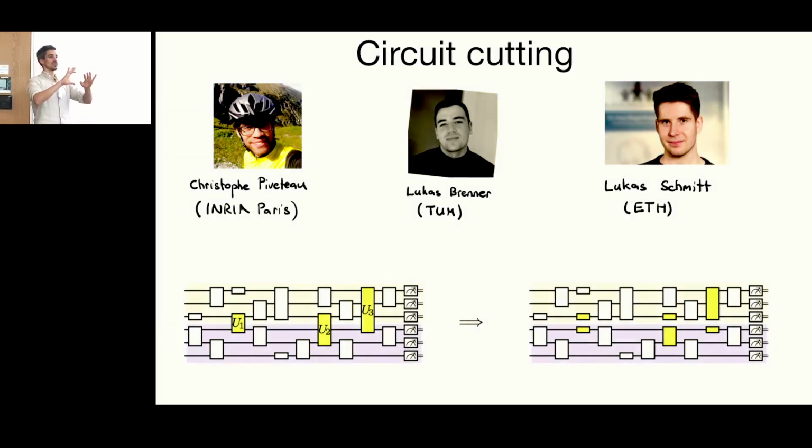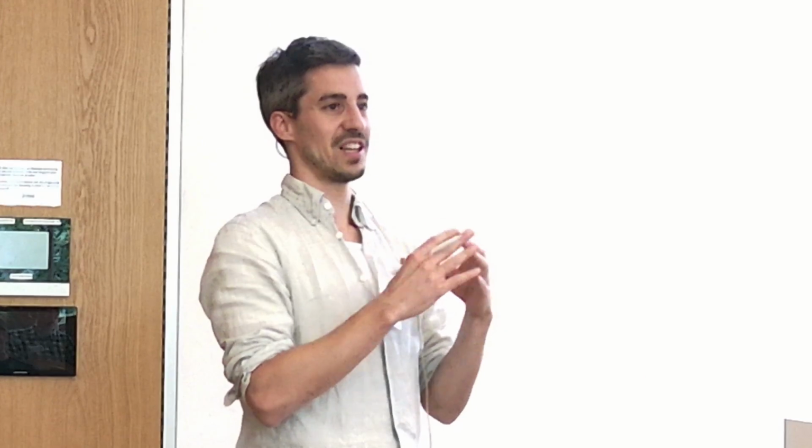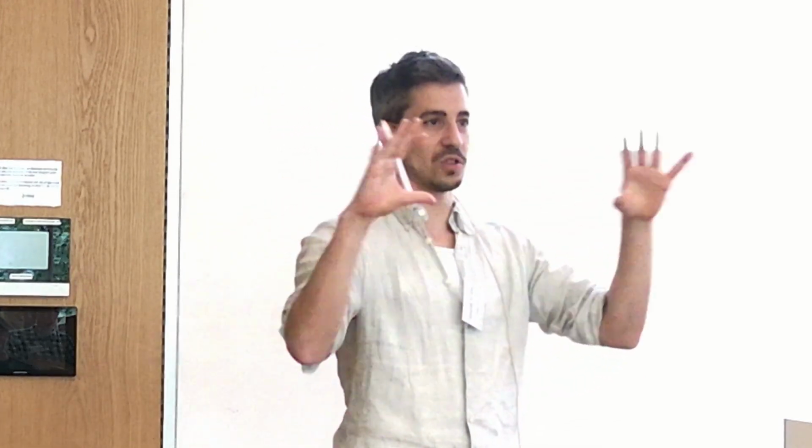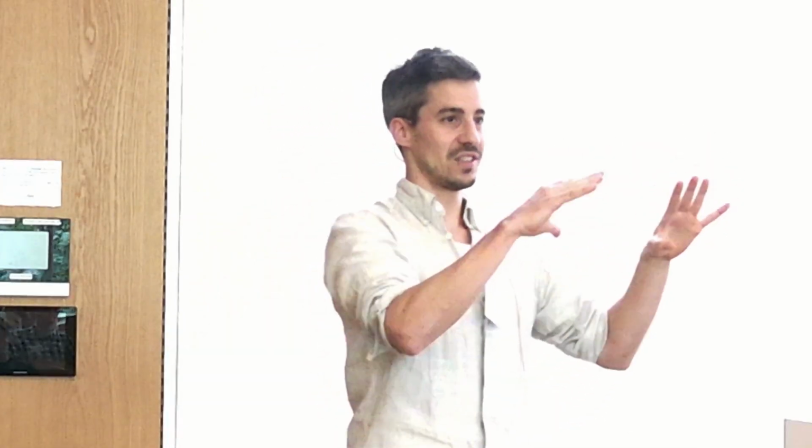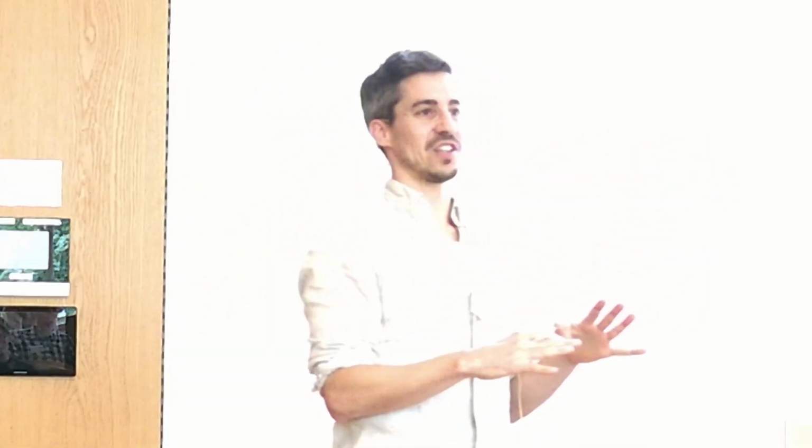This is maybe not for us to solve, but for people that write compilers to compile a certain program in a way that is good for the hardware. Maybe circuit cutting, or understanding how we can map a certain circuit or computation to a certain hardware structure, could be interesting and relevant in the future.